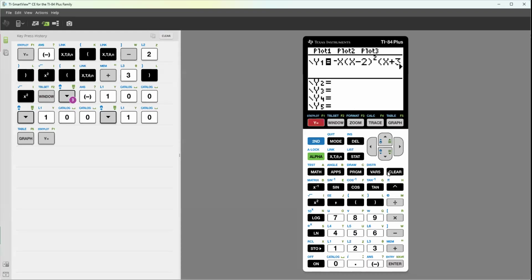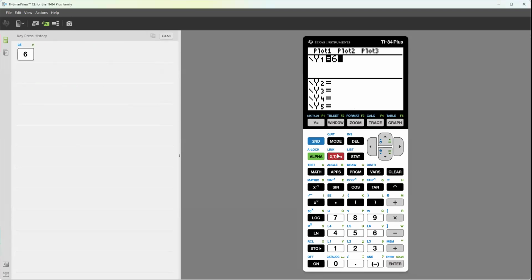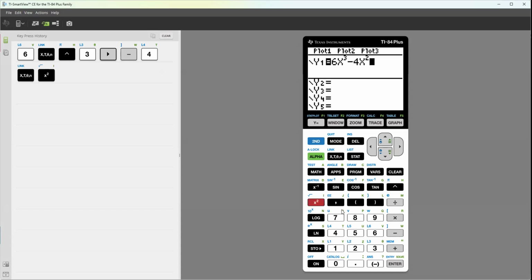So I'll go y equals and clear that out. All right, so I had 6x to the cubed, arrow right and come back down, minus 4x squared, minus 54x, plus 36.